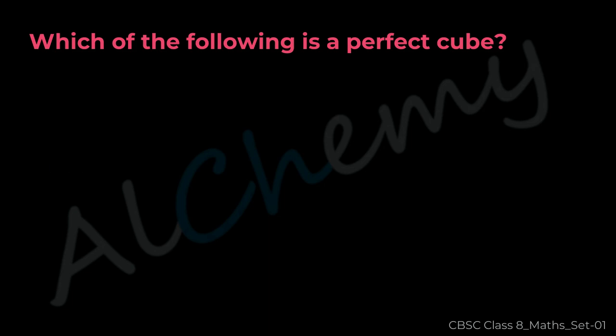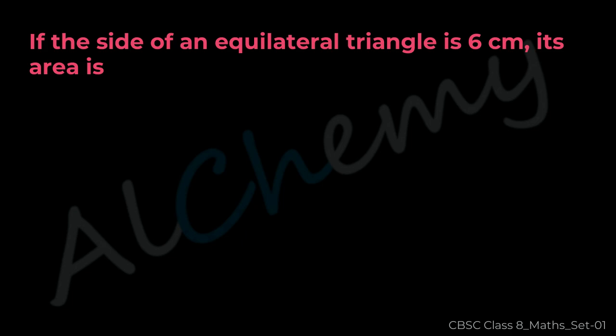Question 28. Which of the following is a perfect cube? A 64, B 81, C 128, D 216. The correct answer is D, 216. Question 29.